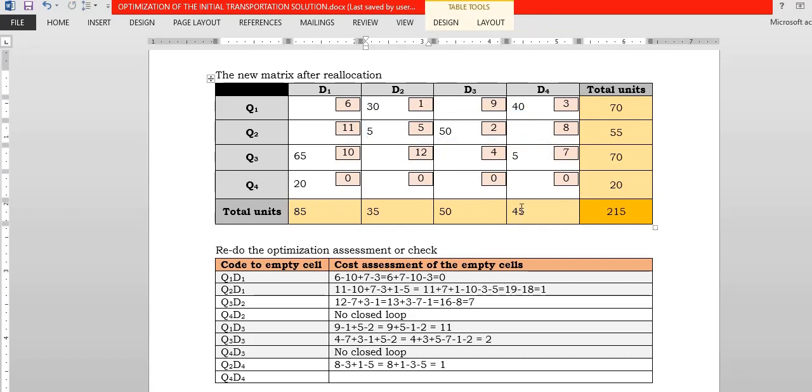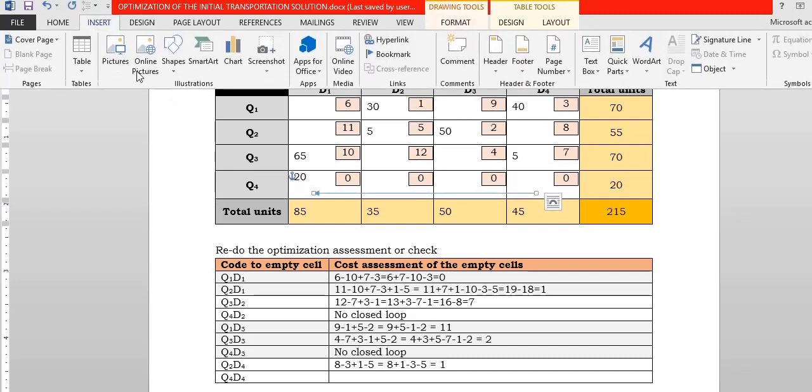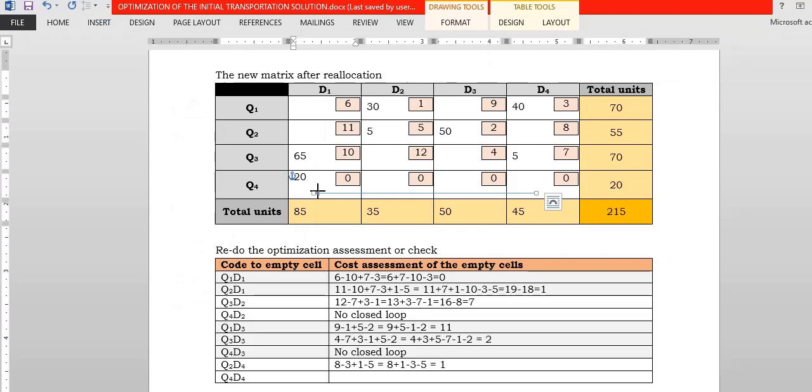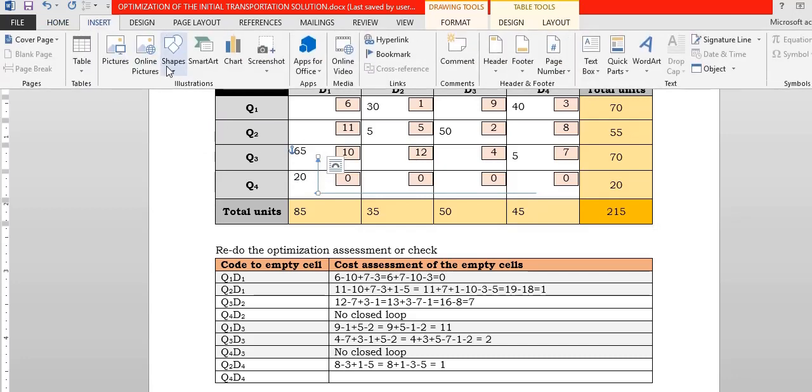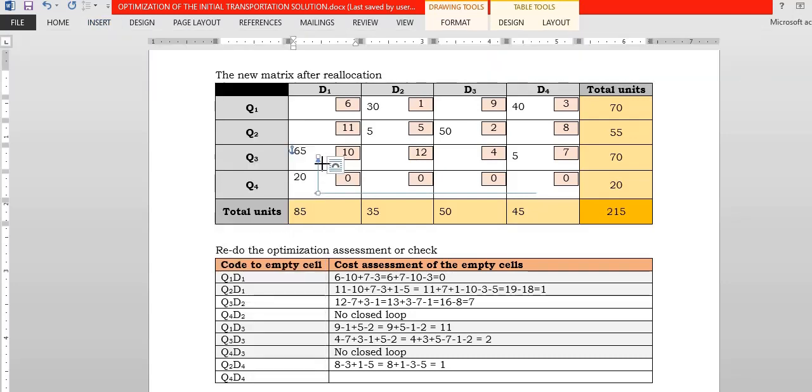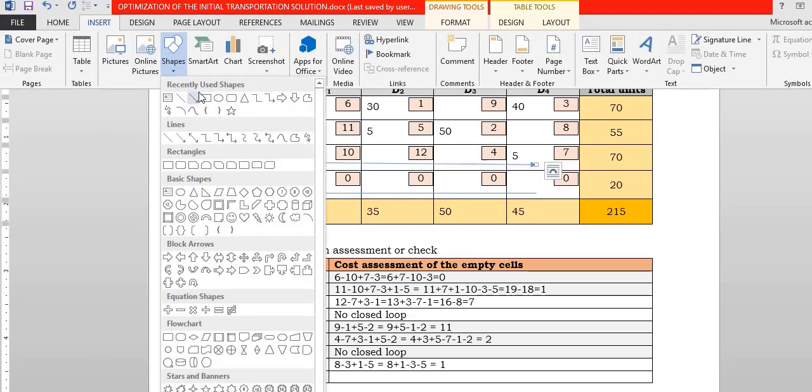Q44, so this one is a very good closed loop. From here we move to this particular position here. Then we move upwards. It is supposed to be anti-clockwise. Anyway, whichever, as long as it is a closed loop, it doesn't matter really. Go back there, and then back to where we started from.